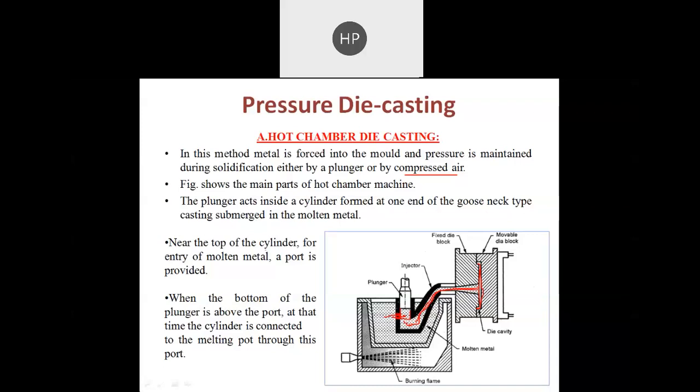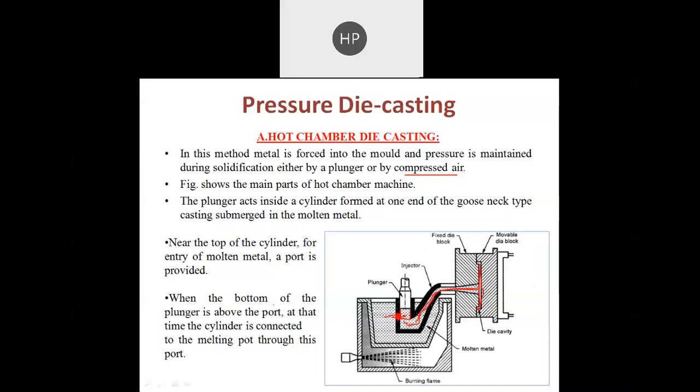Near the top of the cylinder, for entry of the molten metal, the port is provided. As I told earlier, this is the port, and through that port the molten metal flows inside the cylinder.